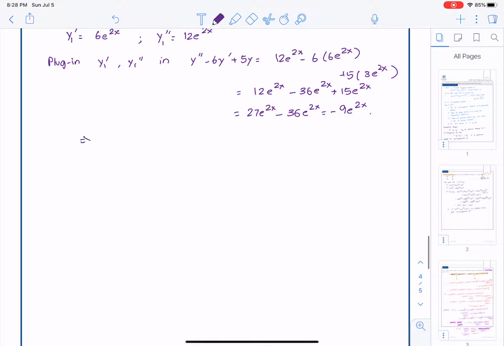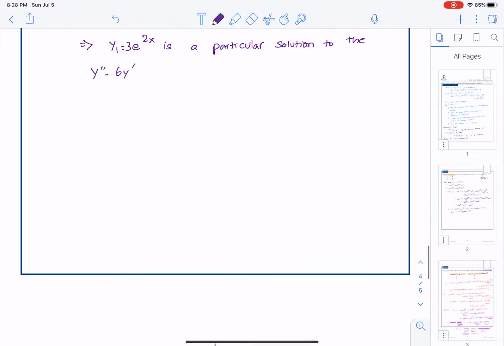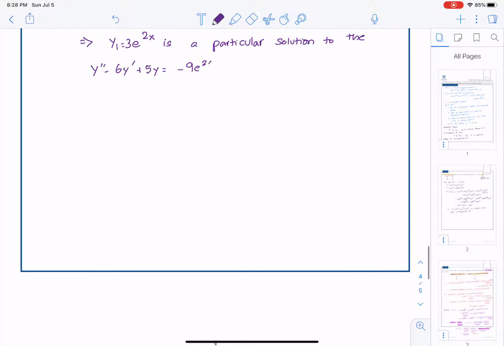So y1 equals 3 e raised to x is a particular solution to the given DE, which is y double prime minus 6y prime plus 5y equals negative 9 e raised to x.